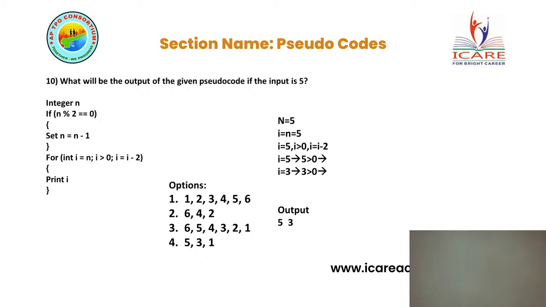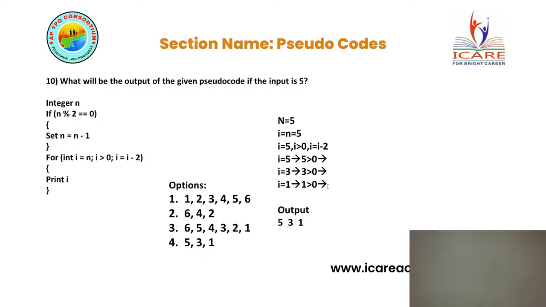Again we are going back to the for loop. I is equal to 3 minus 2, which is 1. I is equal to 1. We are checking again. 1 greater than 0 is true. So again we are printing the value. So 5, 3 and 1. After that, I is equal to I minus 2.